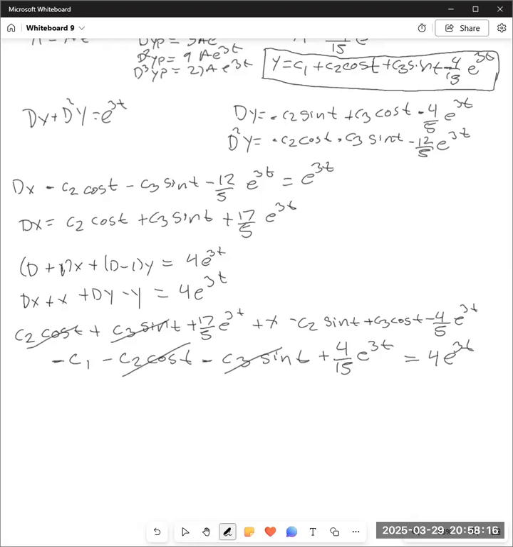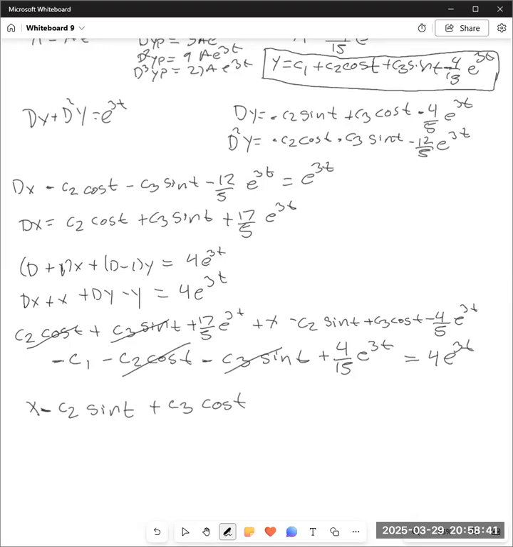So everything else is x minus c2 sine of t plus c3 cosine of t, minus 4 over 5. Well, let's multiply and make that 15ths.